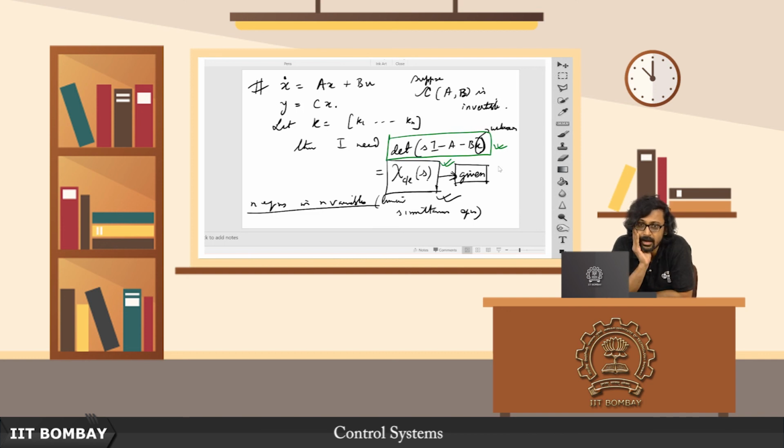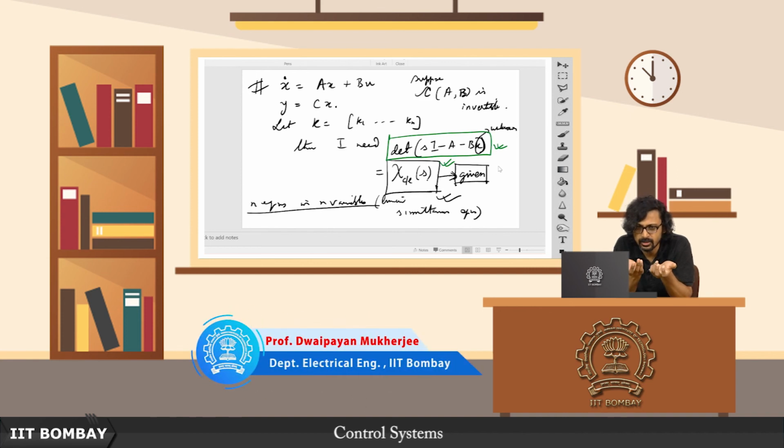In the next class when we come back, we will see that controllability is not just a sufficient condition for the ability to place your poles anywhere, but it is also a necessary condition. We will quickly see at the beginning of the next lecture that if your system fails to be fully controllable, if some of your modes are not controllable, then aided by the Jordan form we have seen earlier, we will be able to establish that you will not be able to place those particular poles.